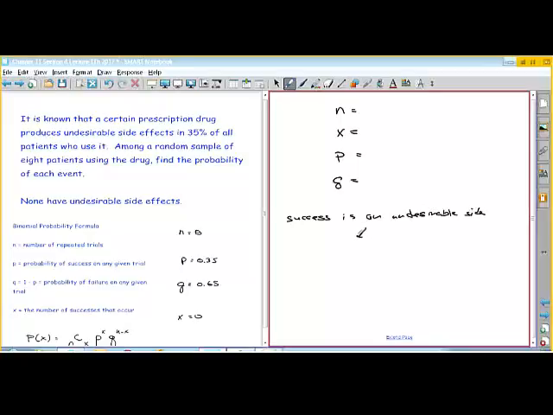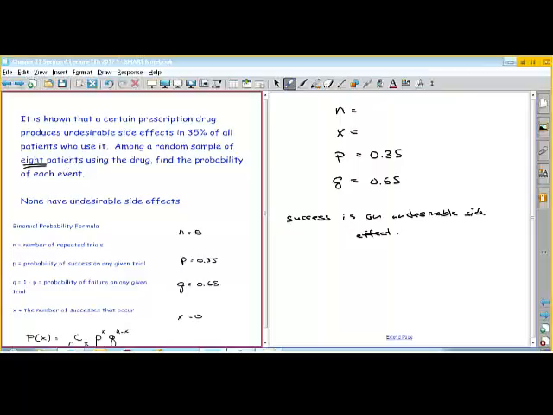So what's the probability of successfully having an undesirable side effect? 0.35, and therefore the probability of not having an undesirable side effect is 1 minus that. Okay, so that's good.